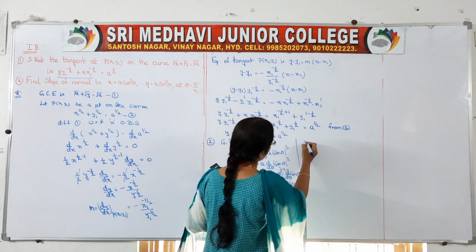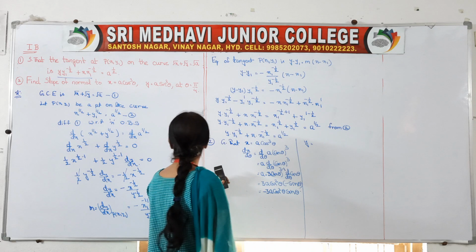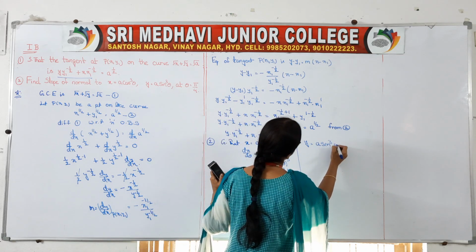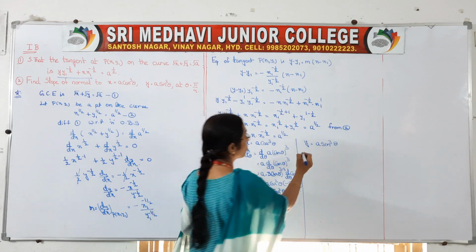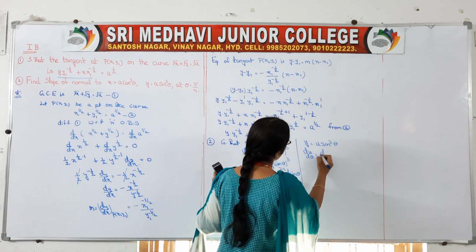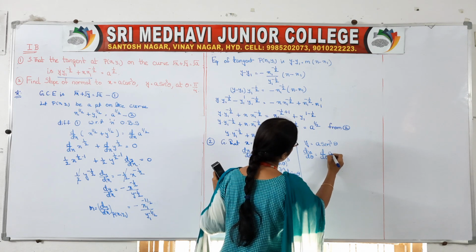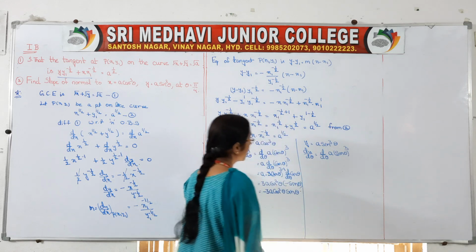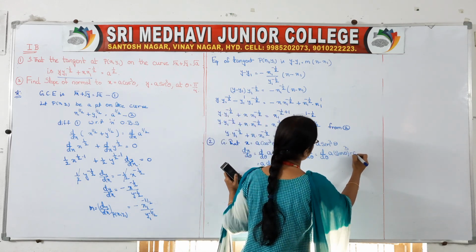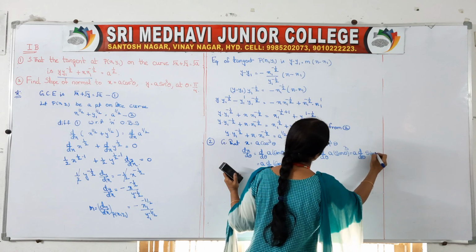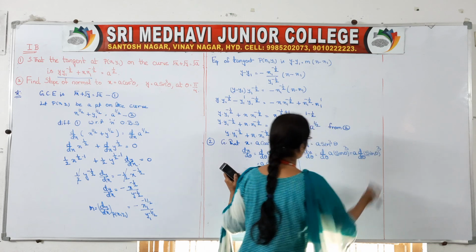Similarly, you take y is equal to, what is your y? It is a sin cube theta. So you find out dy by d theta. So d by d theta of a into sin theta whole cube. A is constant, we will write a outside, d by d theta of sin theta whole cube.